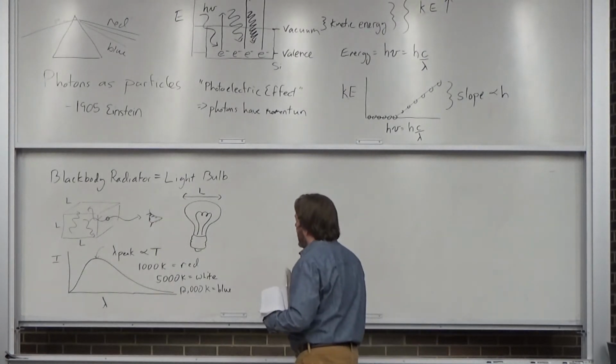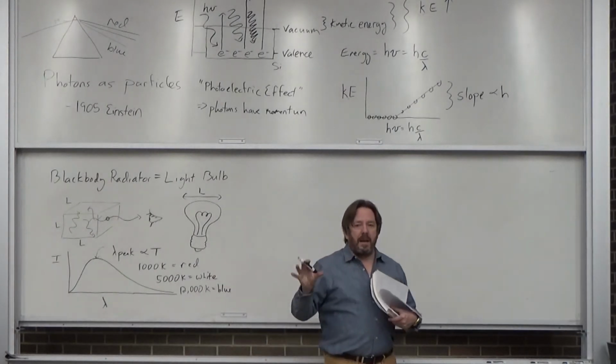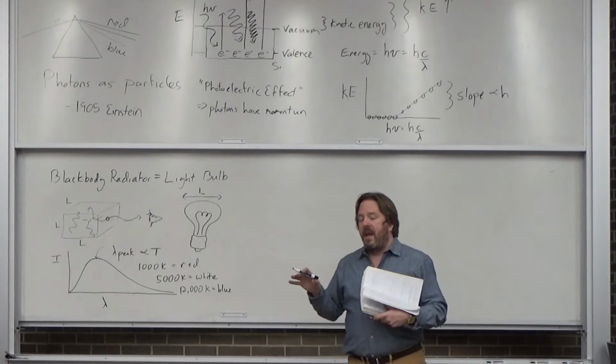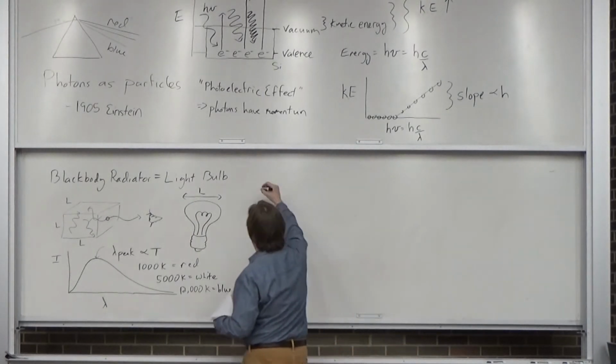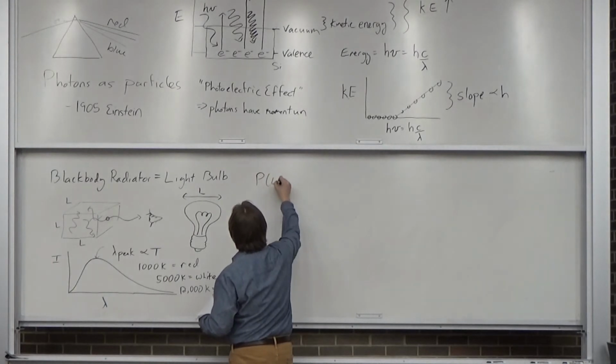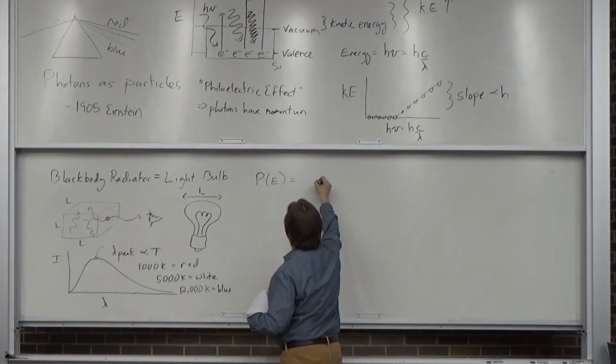Today's lecture is to talk about the energy of a light bulb, energy of photons, and to use the Boltzmann equation to describe that. Of course, you still remember that the Boltzmann equation is the probability distribution by which nature doles out energy.